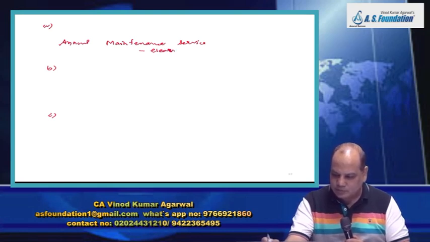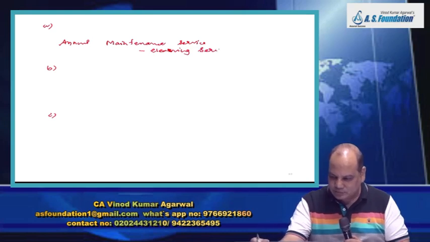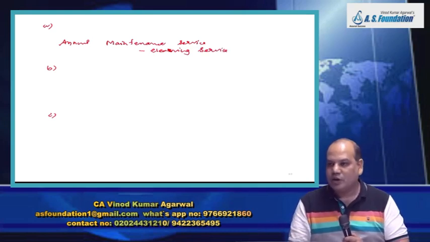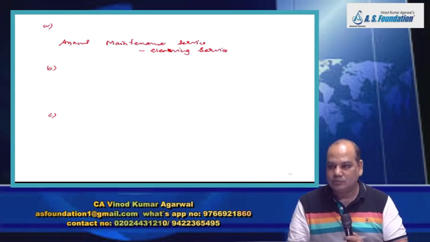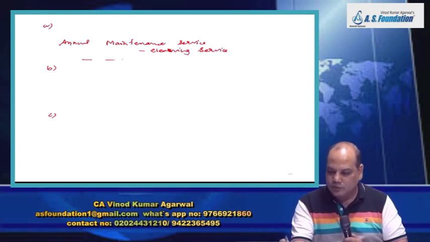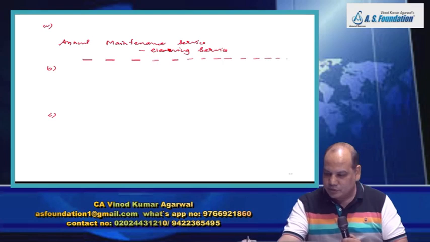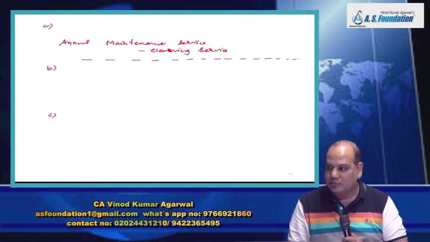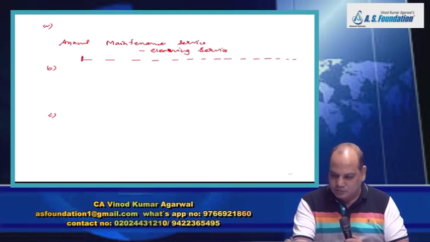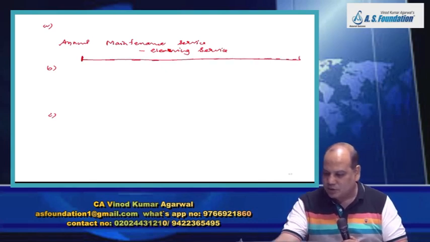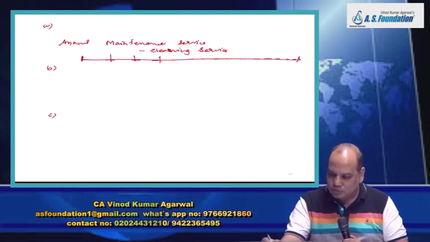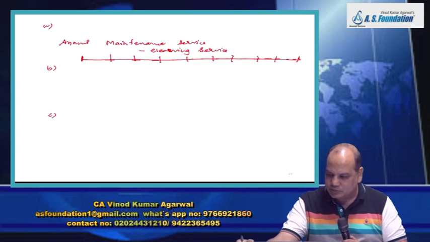Every month they will provide cleaning service. How will they recognize revenue? Every month they will recognize revenue. If nothing specifically is mentioned, then it will be recognized evenly over this 12 months period.